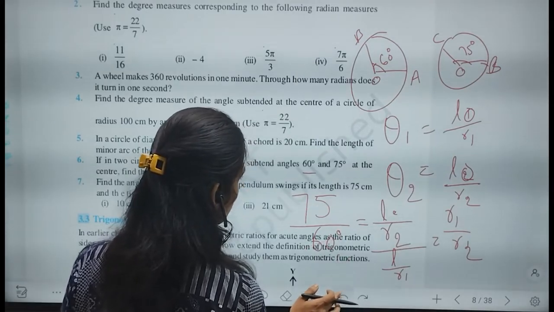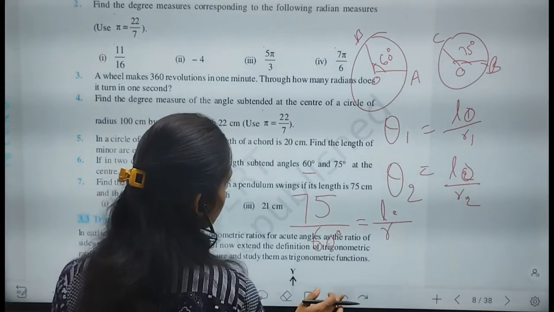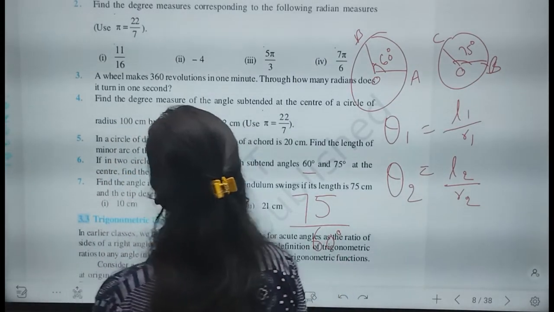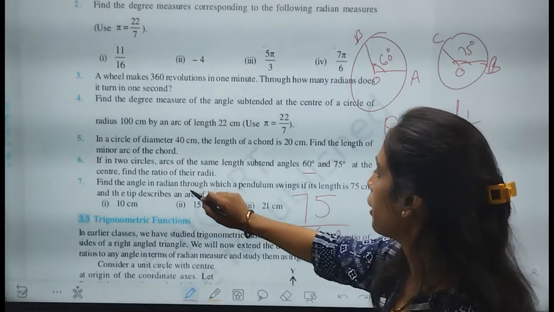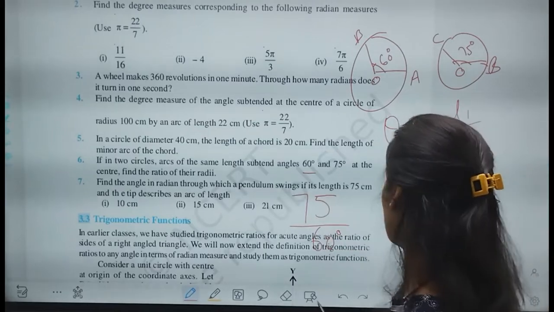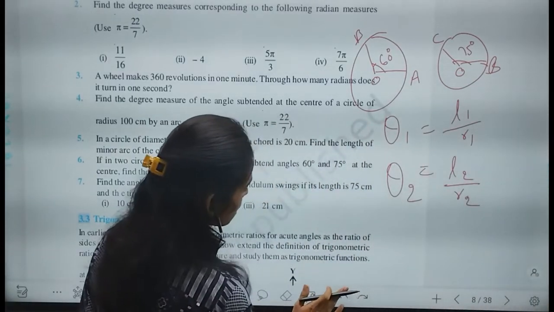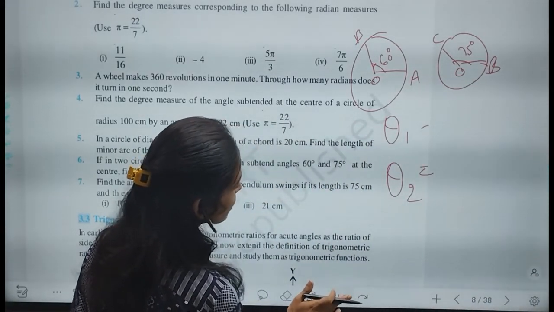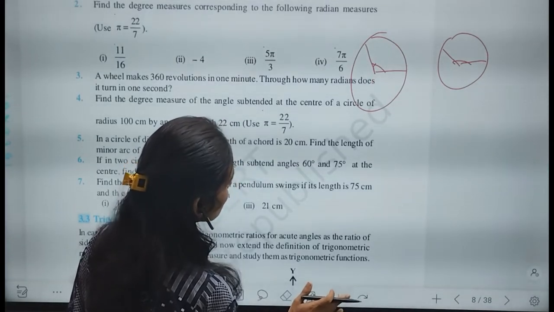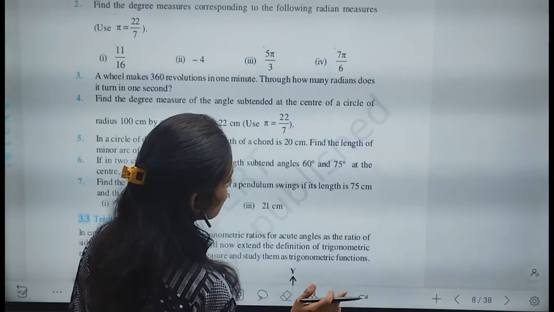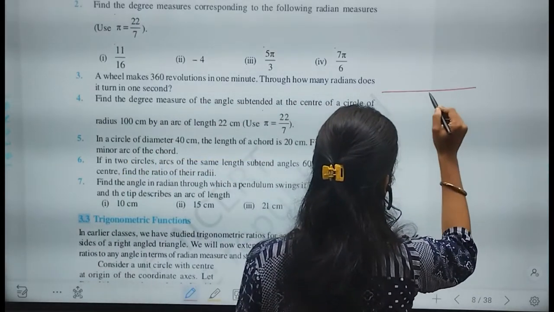Now let's start our next question. The next question is saying, find the angle in radians through which a pendulum swings. You know the pendulum very well. How does a pendulum look? You can see that the pendulum looks like this.